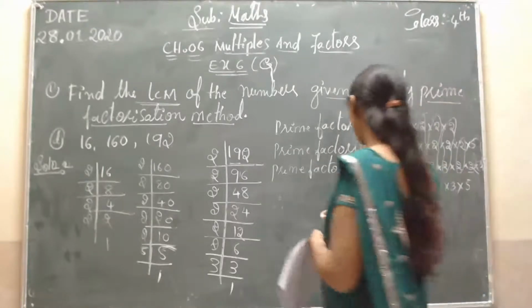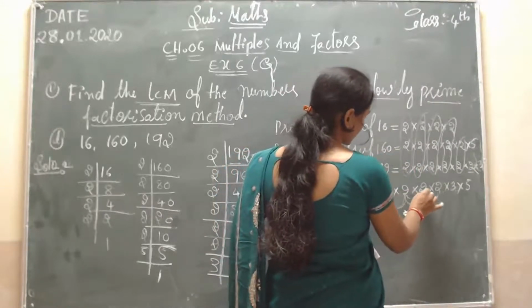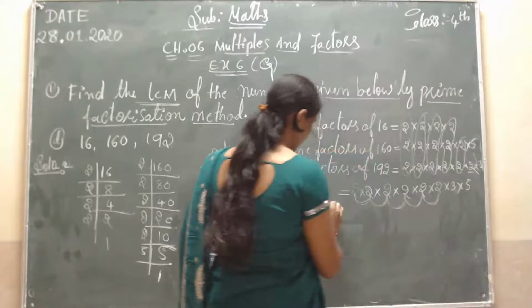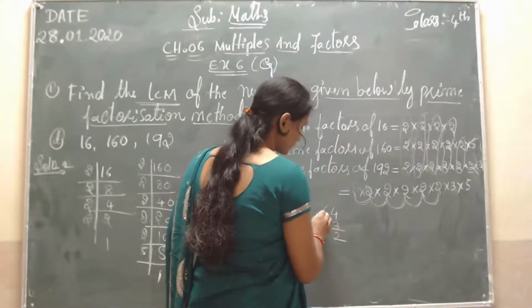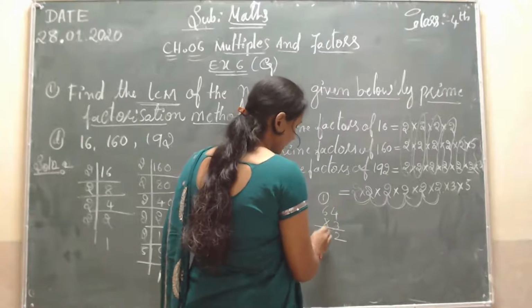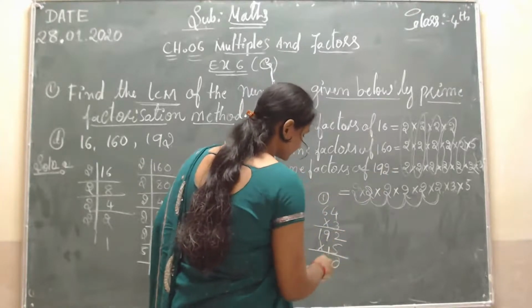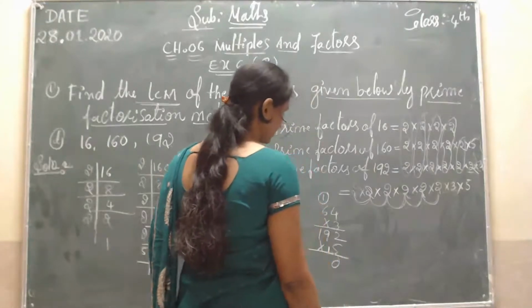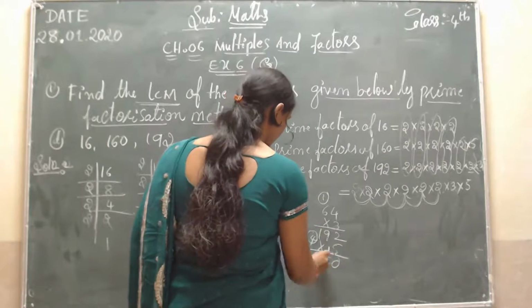So now you have to multiply. 2 to the 4, 4 to the 8, 8 to the 16, 16 to the 32, 32 to the 64, 64 times 3 is 192, 192 times 5 is 960.